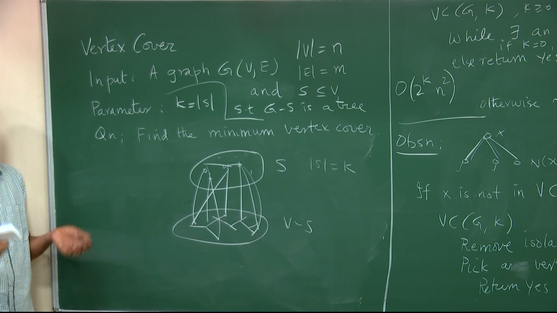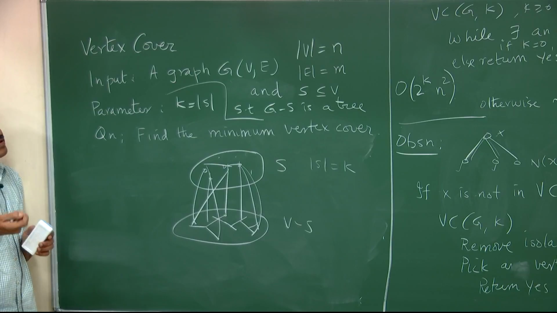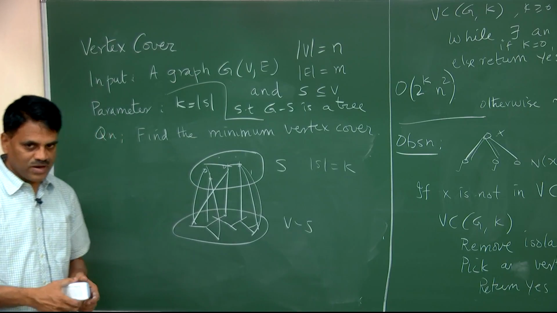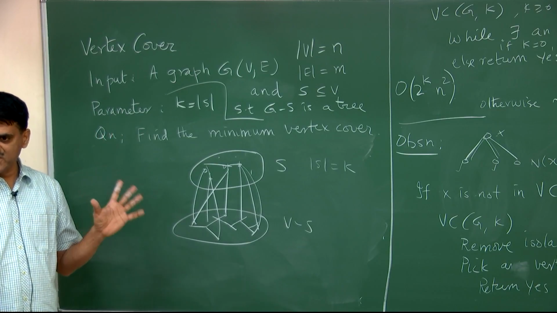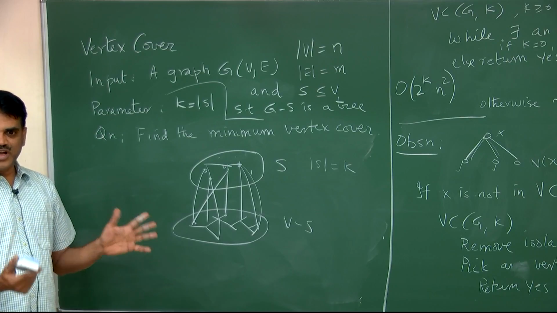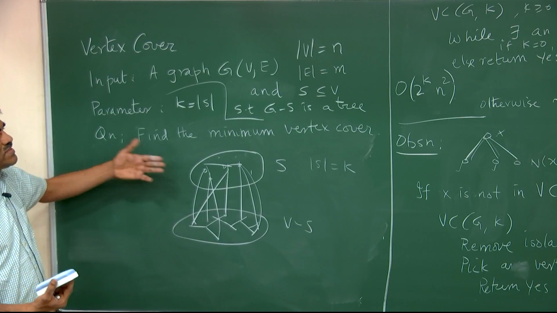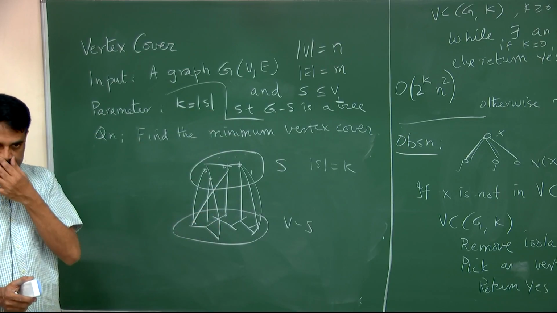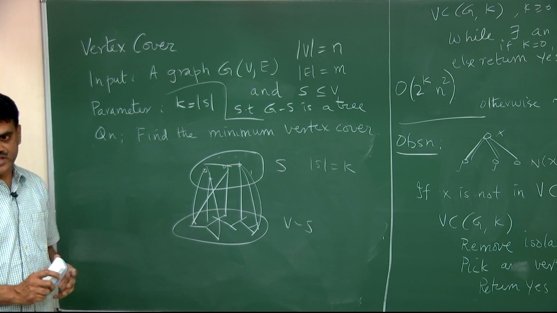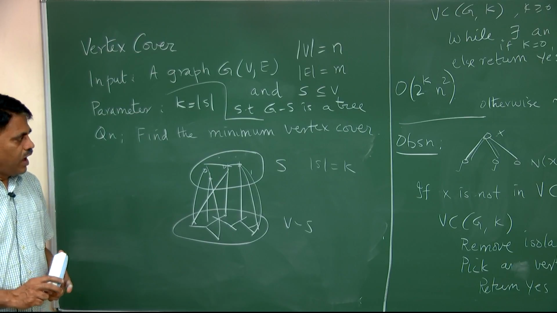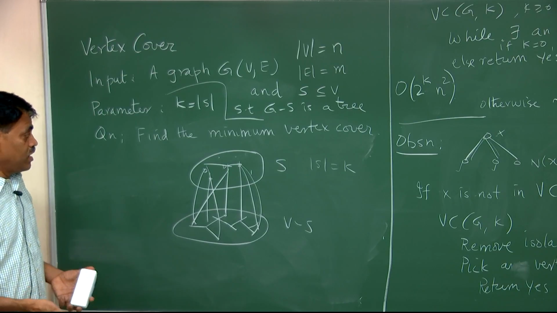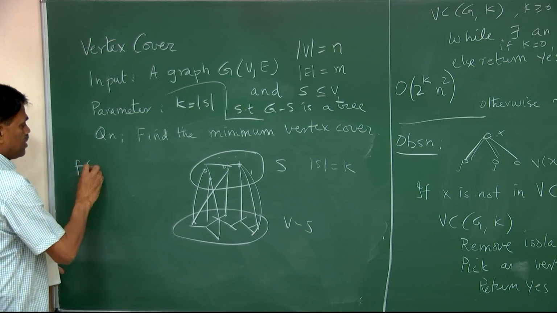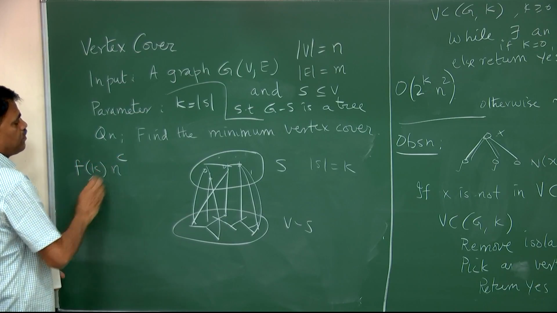Now I want to find a minimum vertex cover. It turns out my parameter is not the solution size now. The parameter is some structure of the input. The input is very reasonably close to a tree in this sense that there are some k vertices. If you delete, the graph becomes a tree. Okay. Now I want to find the minimum vertex cover. And you are allowed time f of k times some polynomial in the input.